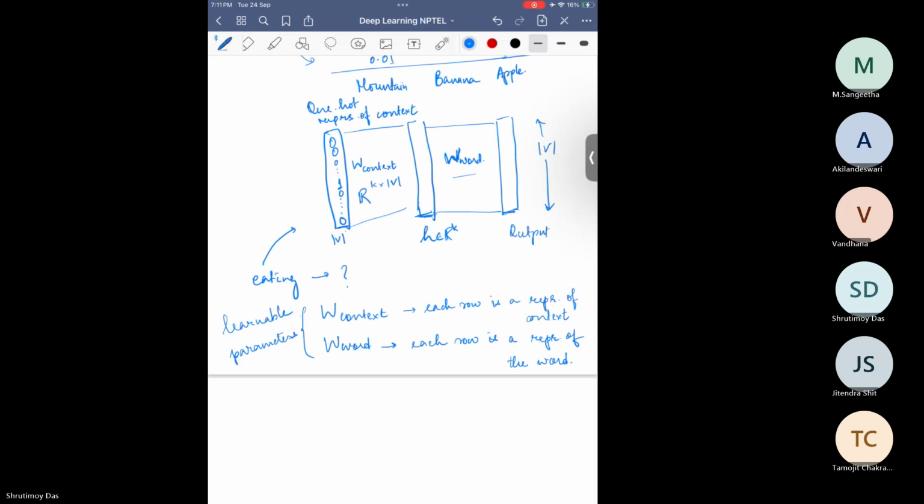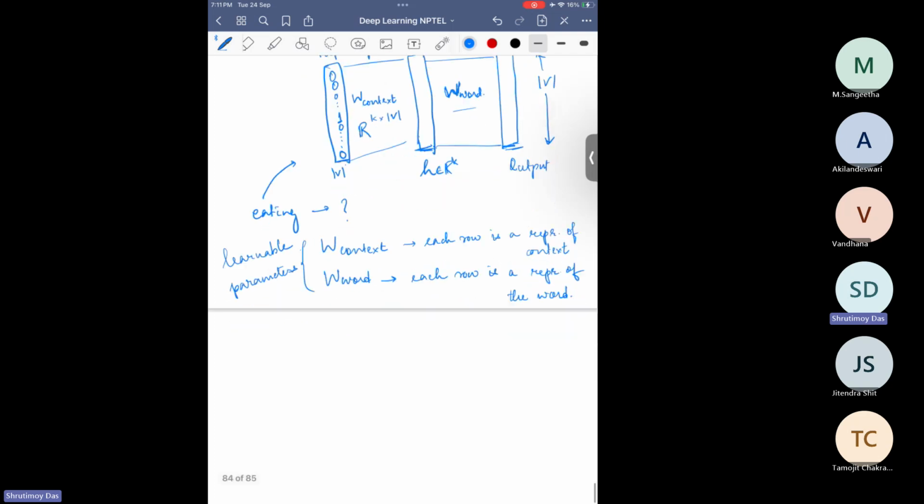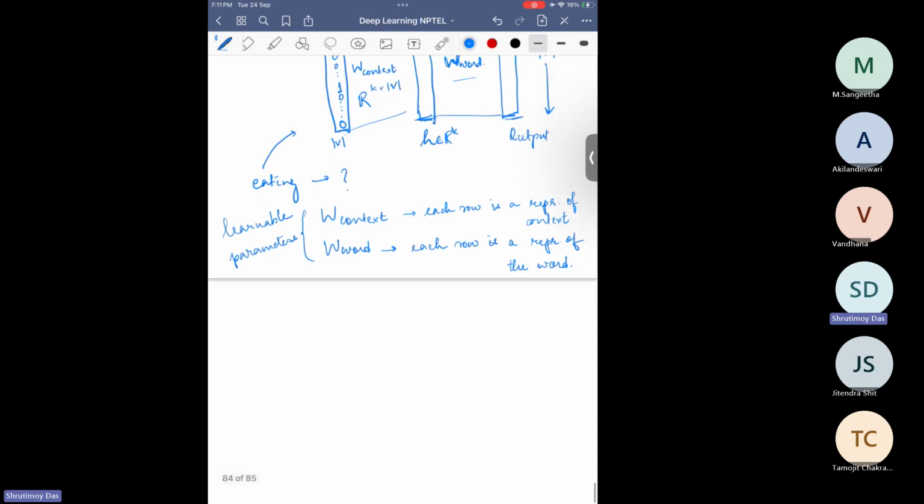So now we come to the last layer that we have. Here we saw that we need a probability distribution over all the possible words that may be predicted, right? So you need a probability distribution over length of V. So we have to compute the softmax for this layer.